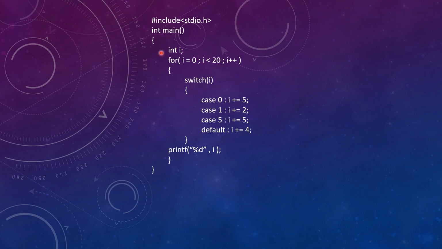So here we are declaring a variable i, and we have a for loop with a switch case inside it. This is the construct of this code. Let me tell you how a for loop works. You are seeing that there are two semicolons here, and there are three parts. The first part, where i is equal to 0, is called the initialization part, the middle part is known as the condition part, and the last part is known as the increment decrement part.